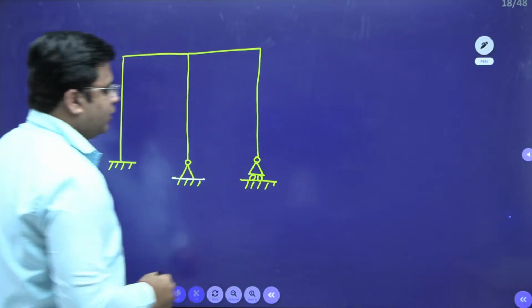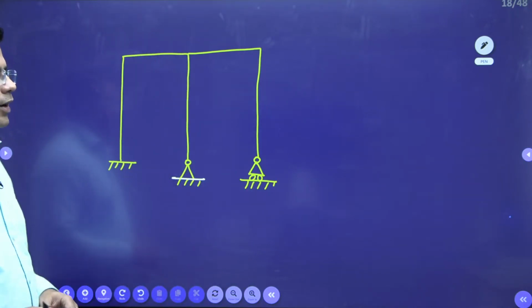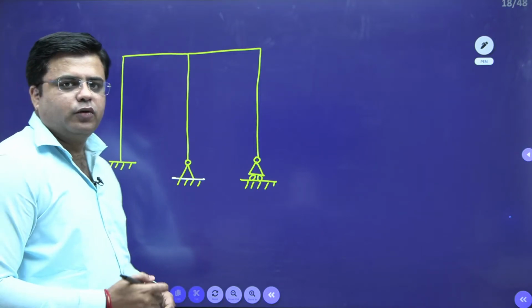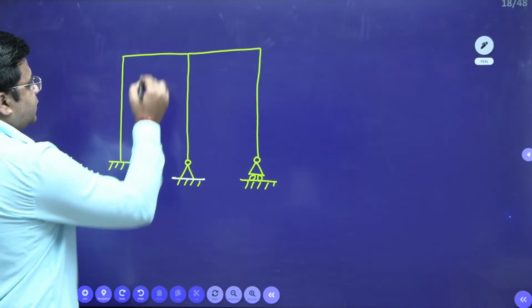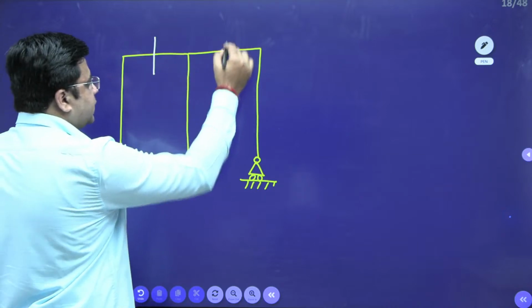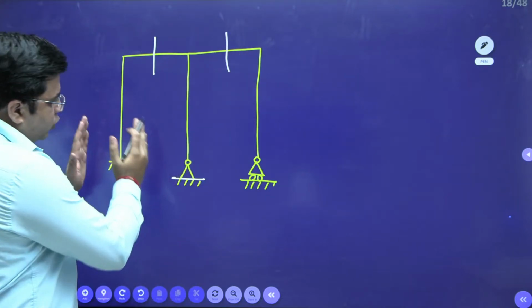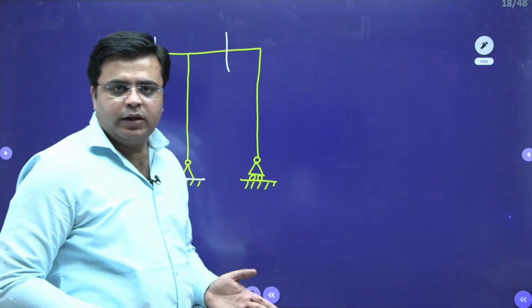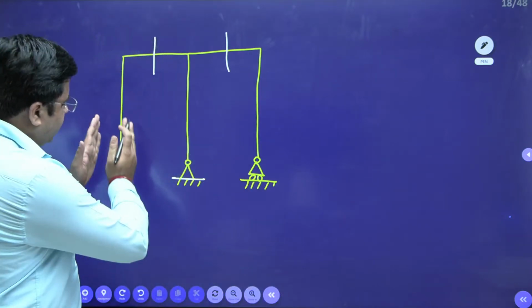I need to calculate the degree of static indeterminacy for this structure. So what I will do is make a cut in such a way that every portion is a free cantilever.